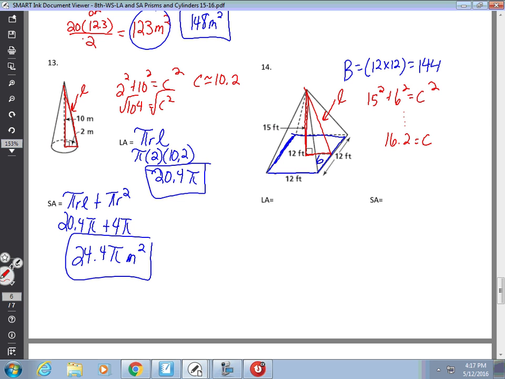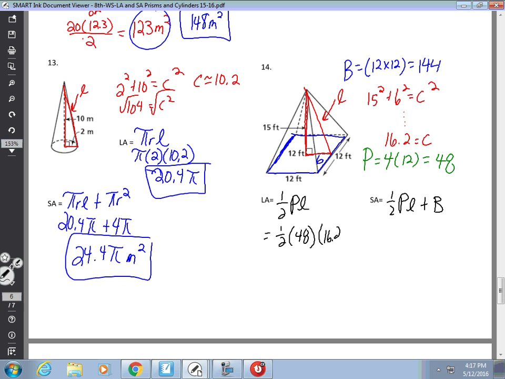So now I can just plug in my parts because lateral is 1/2 PL. Total surface area is 1/2 PL plus B. I can calculate the perimeter by adding up the 4 sides. So 4 times 12 is 48. So when I substitute it in, lateral is 1/2 times the 48 times our 16.2.